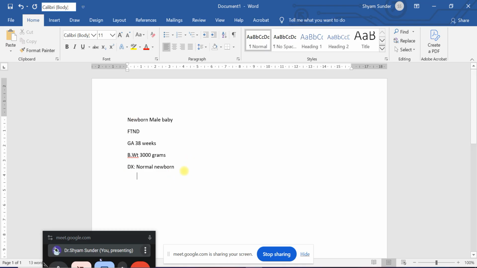Now, for the first admission, you'll get your code from the Z series, Z38. This is the first code, Z38, because the baby is normal, right? Baby is not sick. If the baby is sick, you'll get a code from the P series. So here we are not going to use that. And the good thing about Z38 is whether the baby is sick or normal, your first code is always Z38.